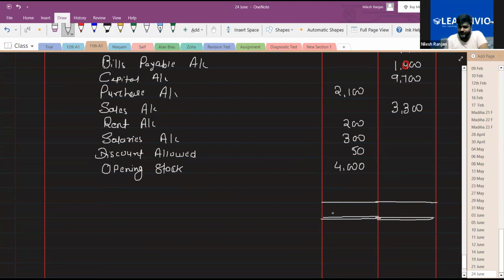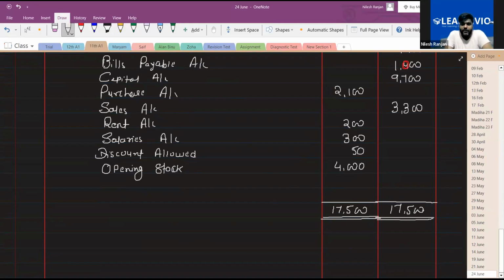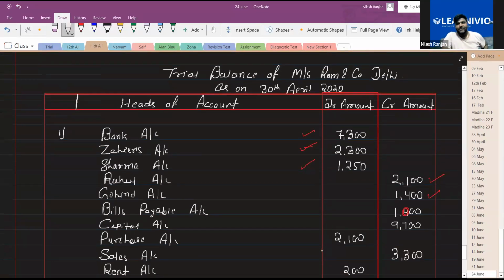Actually, I found the mistake. That is very rare. Otherwise, it is very difficult if you make any mistake in the journal and ledger and you are going to solve the trial balance. It is very difficult to find these kinds of errors. Actually, I'm lucky that I found this mistake. So this is 17,500.